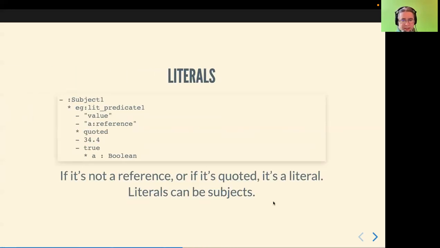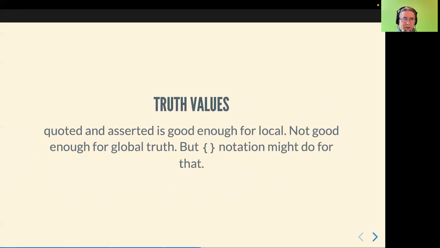Variants with RDF literals can be subjects. Truth values, quoted and asserted, is good enough for local truth values. It's not good enough for global truth, but then we can use the angle notation to do that. That's a bit hand wavy, but I think it's logically equivalent to Turtle Star.